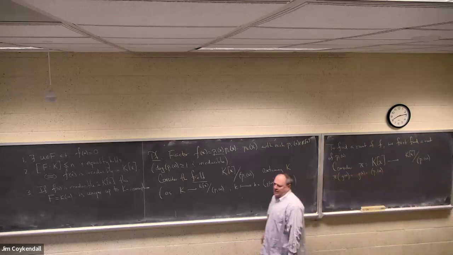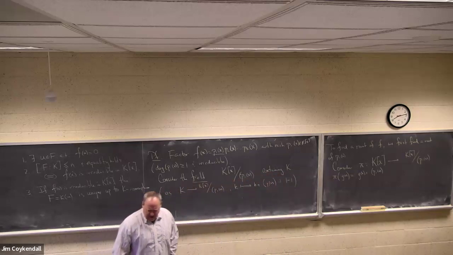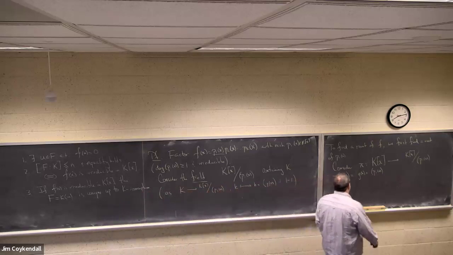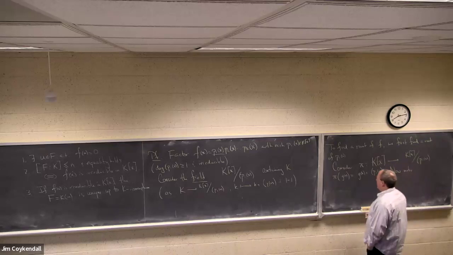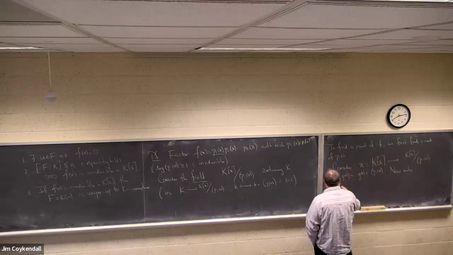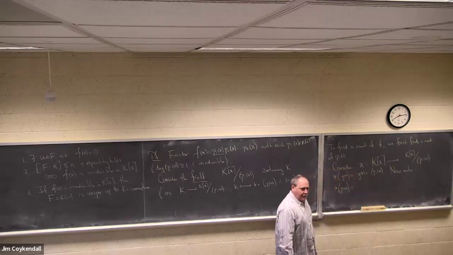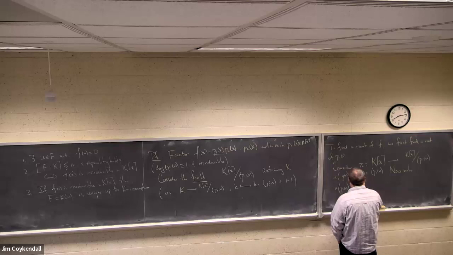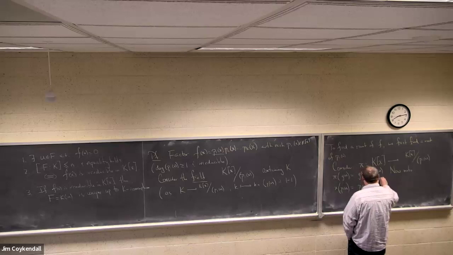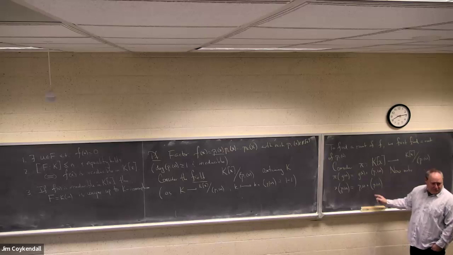Now, let me point out here that the way this homomorphism works is, now note that if you look at pi of P1(x), and notice that of course P1 is in this ideal, so this is the 0 coset.